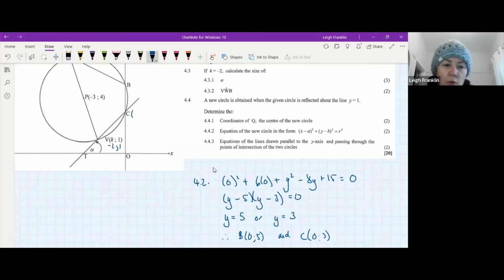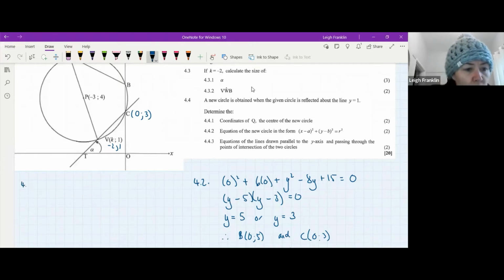And we also know what the coordinates at C are, because we've just said that that is (0, 3). So as you had said, that means we can work out the gradient of line BC, and tan alpha will be equal to the gradient of line BC. So that's how we're going to work that out. It's also not a particularly difficult question.